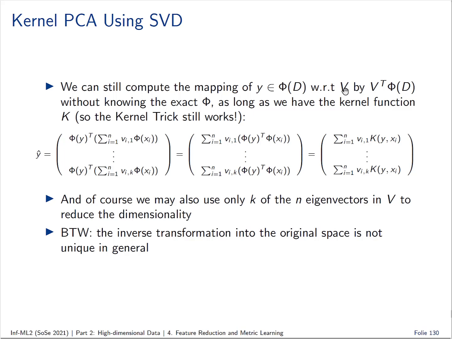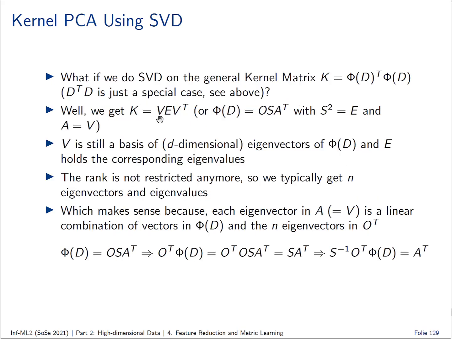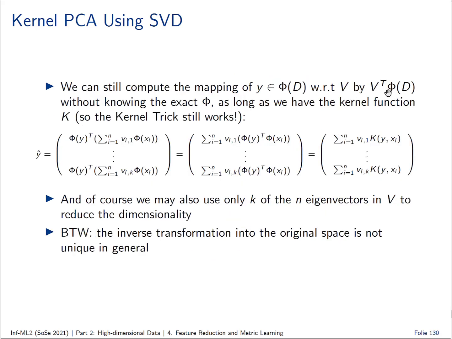We used the v's, the eigenvectors, to transform the original data into a new data space, conserving the variation, and we can do that now also with these new eigenvectors v that we get from kernel PCA, from the PCA on the kernel matrix. We can still do that by just computing this here, and we can even do that without knowing the exact mapping.